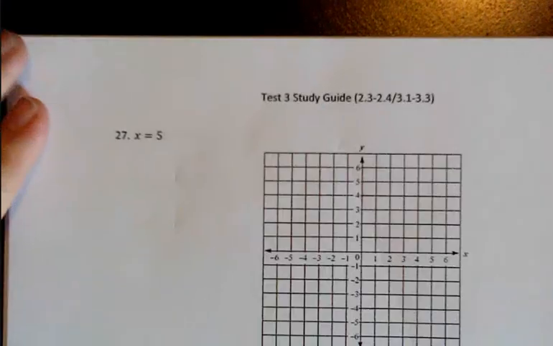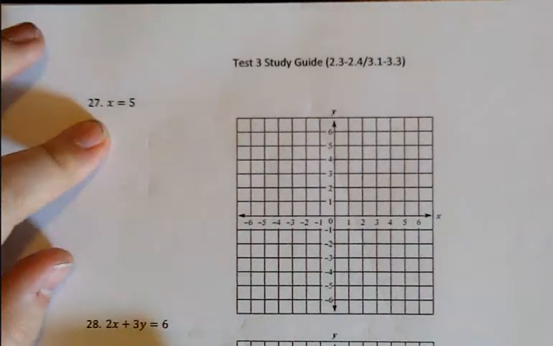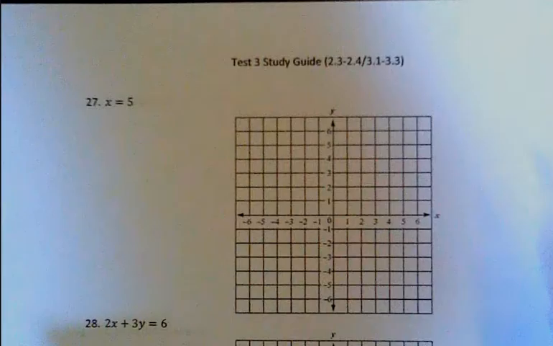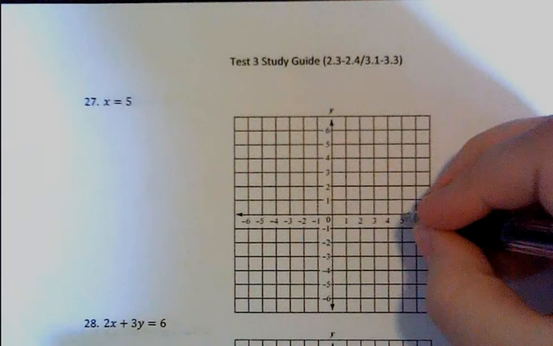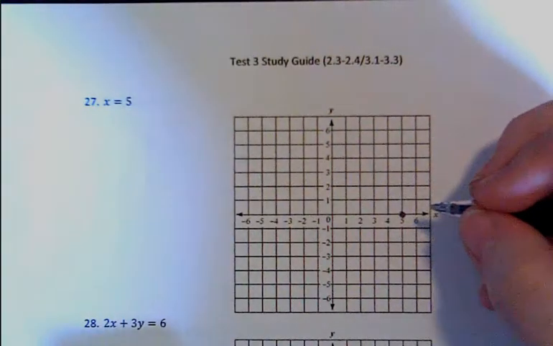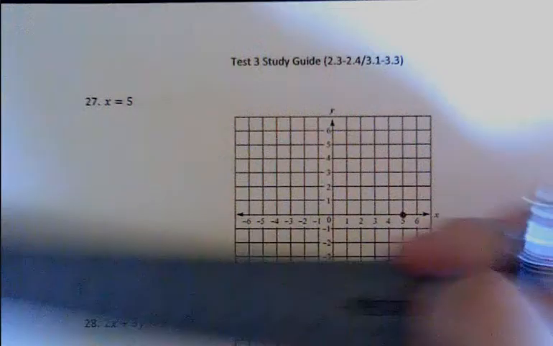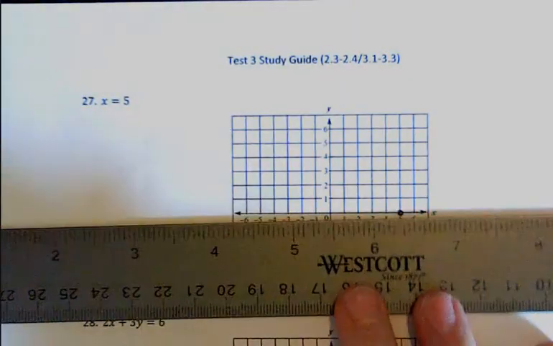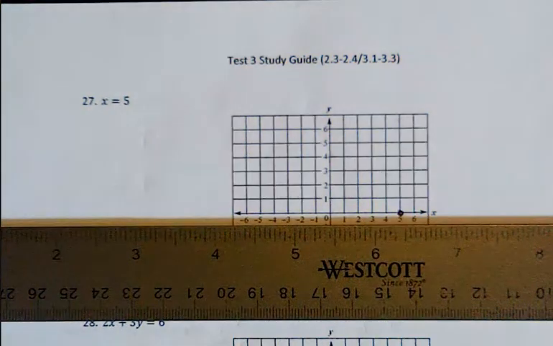So now for number 27, we have x equals 5. So I go to my x-axis to where I have a positive 5. So the x-axis is here, and I would go to where it's a positive 5 right here. Since my x-axis goes this way, if I wanted to slice it, I would slice it in half like that, okay?